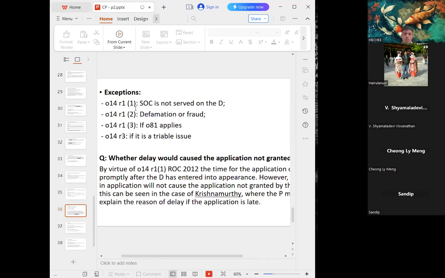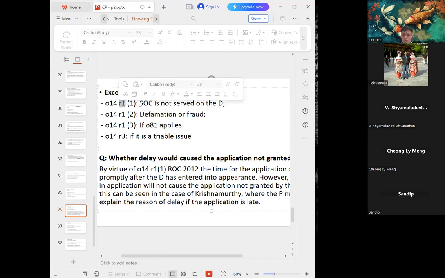Okay, so there are exceptions to summary judgment under Order 14 Rule 1, Sub-Rule 1: the statement of claim is not served on the defendant. And then Sub-Rule 2, if your cause of action is defamation or fraud, because unlikely this can be done by way of summary judgment; these are triable issues.